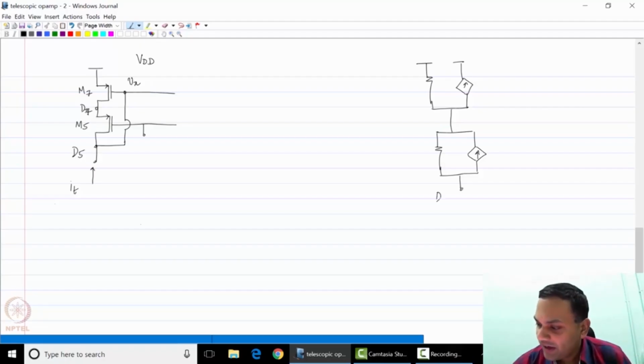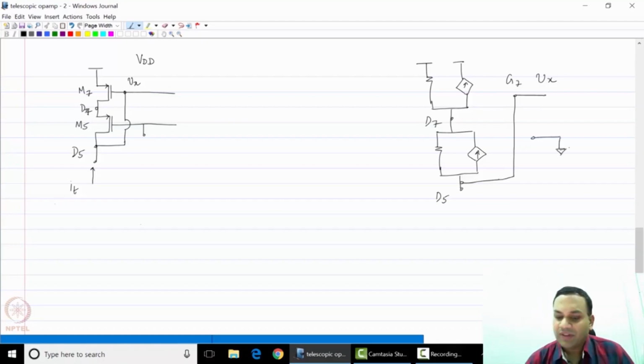So clearly D5 is the node which is being excited with my test current source. This is D7. And the gate of M7, which I will call G7, is also shorted to this particular node. And of course the gate of M5 was originally connected to some bias voltage VB5, which we will now connect to ground.